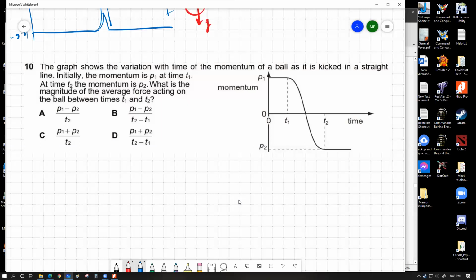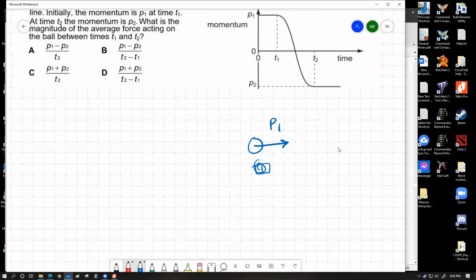Notice this: if the situation were like this, at time t1 it had a momentum of p1, as in a drawn figure, and at time t2 in its path the object's momentum was p2 in the opposite direction, then delta p would definitely be p1 minus p2, or you could write p2 minus p1, which is also okay because I'm trying to find the magnitude.